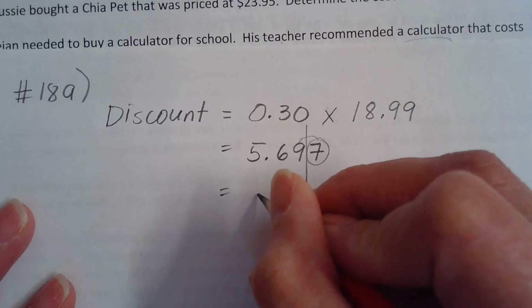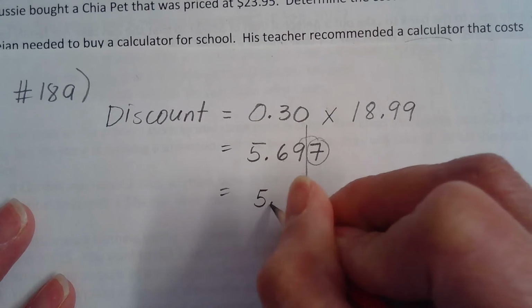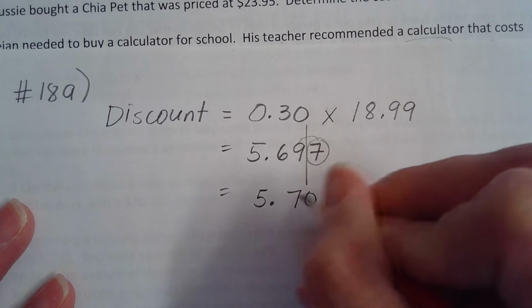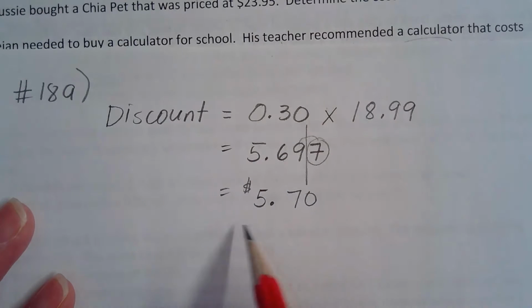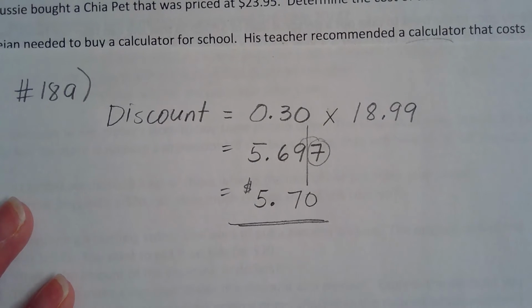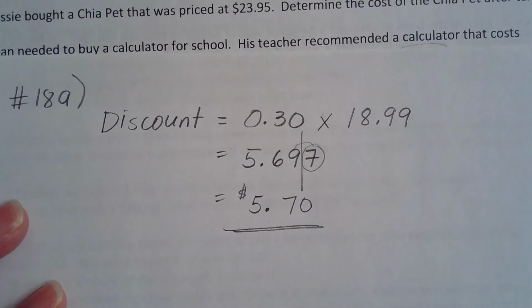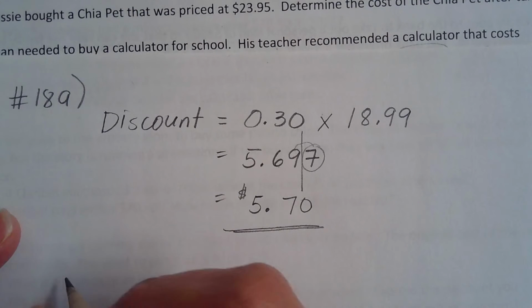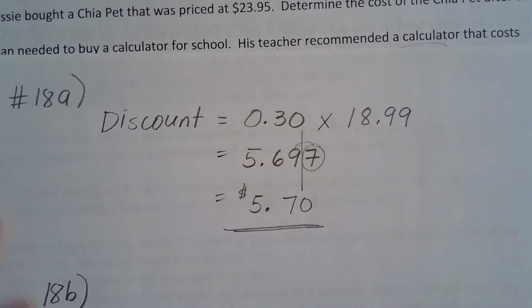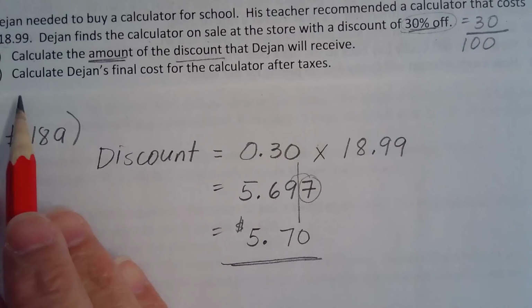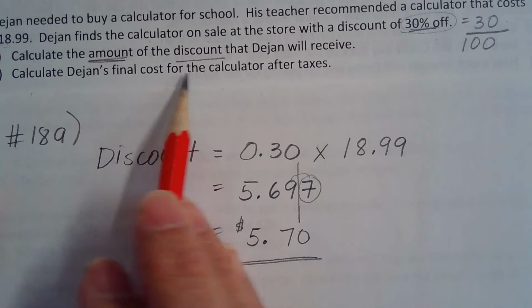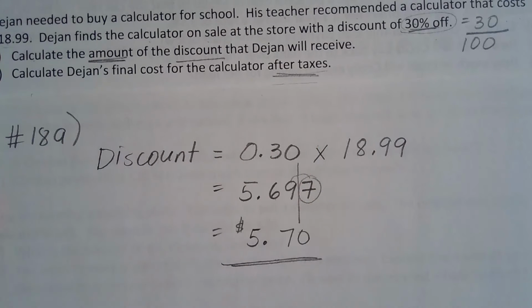So it would be $5.70. So this is dollars. That's our discount, amount of discount. So that's 18A.